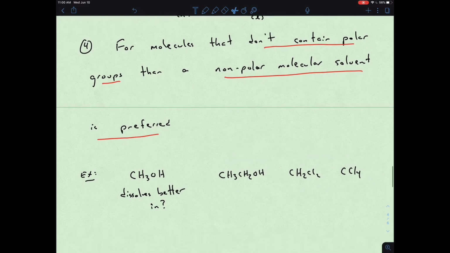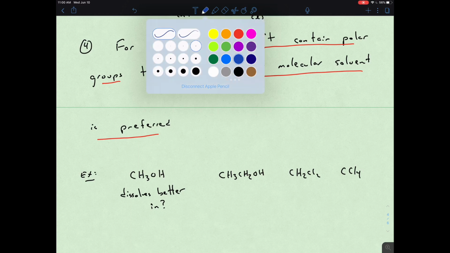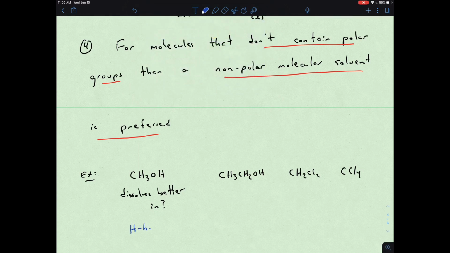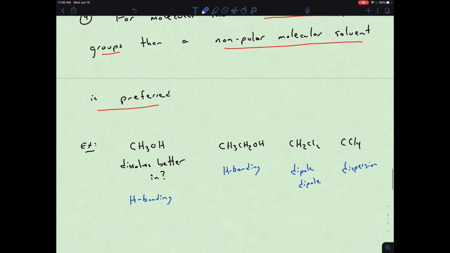And so here, we should just match our forces of attraction. That's the way we want to go about it. We have hydrogen bonding for our solute. There we have a match with hydrogen bonding for the ethanol. We have dipole-dipole for the dichloromethane. And then we have dispersion for the carbon tetrachloride. And so it's going to dissolve better in the ethanol because of like dissolves like.